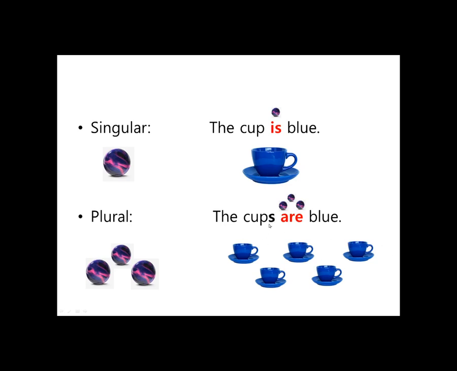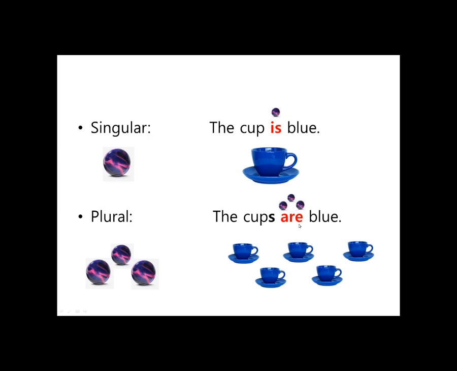So that's plural. The cups are blue. So we need the are be verb. Okay, so contrast that. The cup is blue, just one cup, is. The cups are blue, more than one. So we use the be verb are.